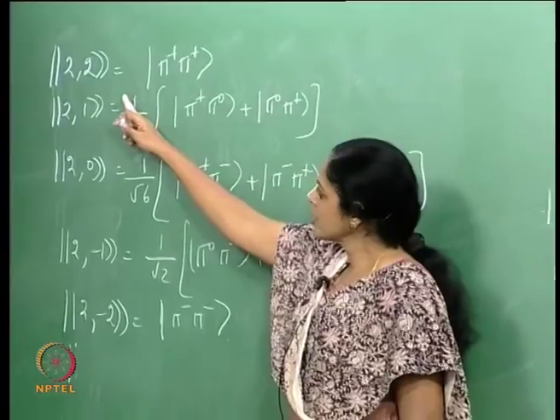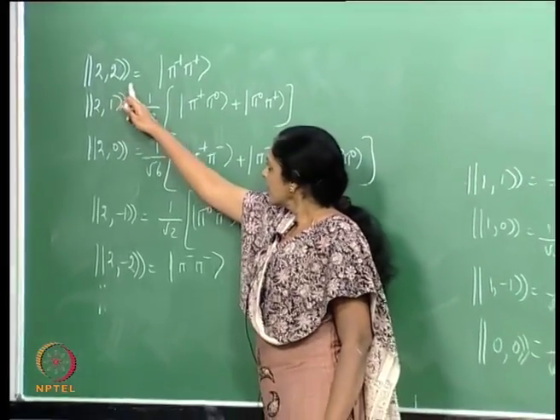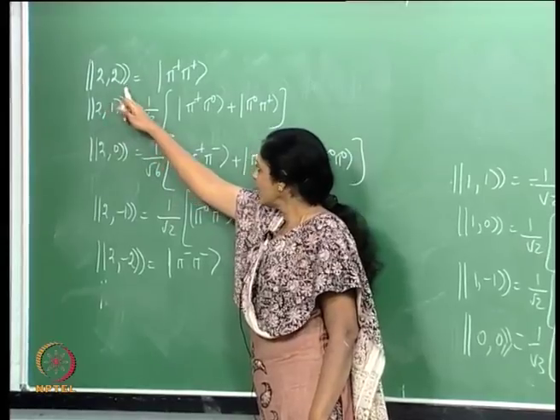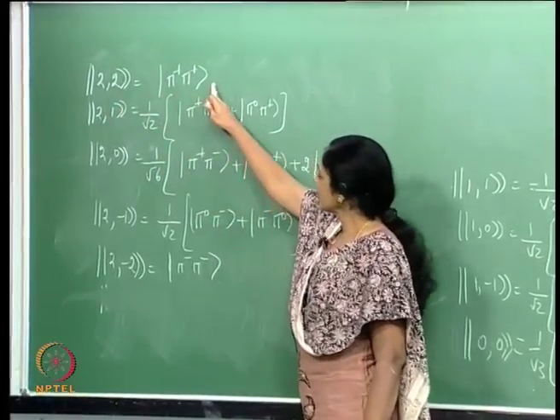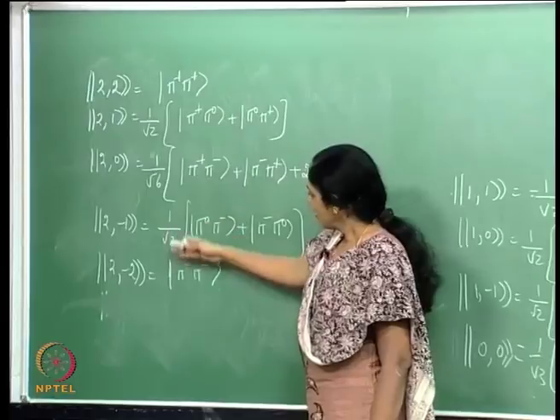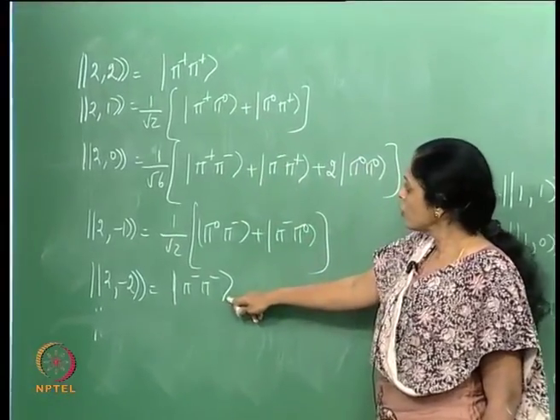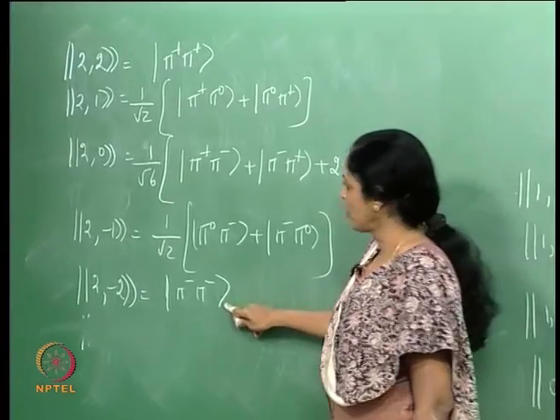We would like to prove this in general, that if the j comma j state, in this case the I comma I state, is symmetric under interchange of the labels, all the other states in that multiplet also satisfy the same symmetry property.